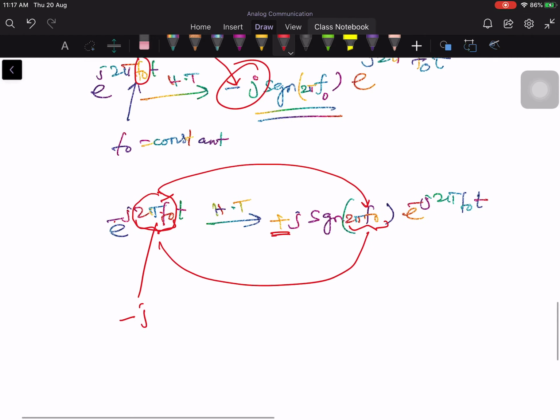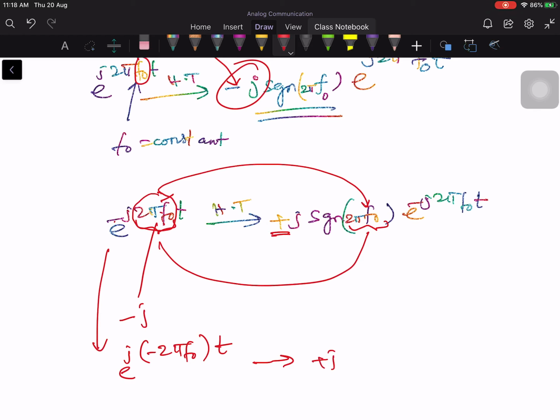In fact this I can write e to the j times minus 2 pi f naught into t. Okay, so therefore if you take it, then it becomes plus j signum of 2 pi f naught e to the minus j 2 pi f naught t. That's it, Hilbert transform.